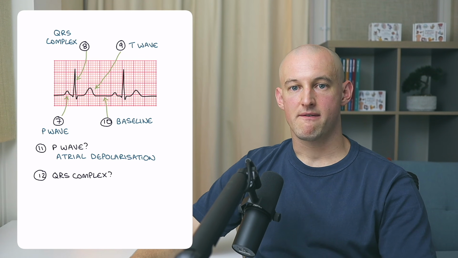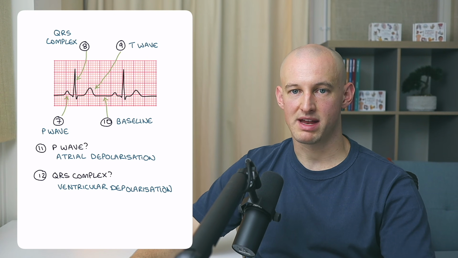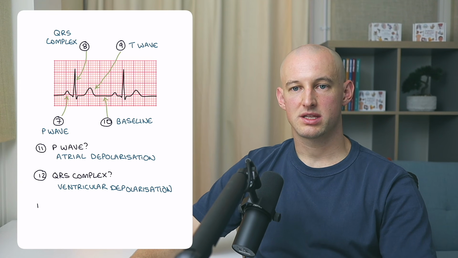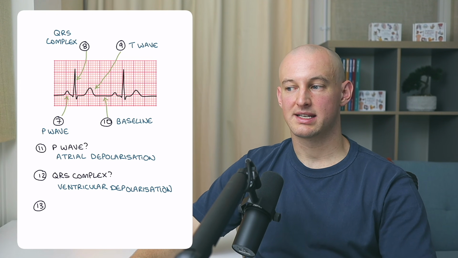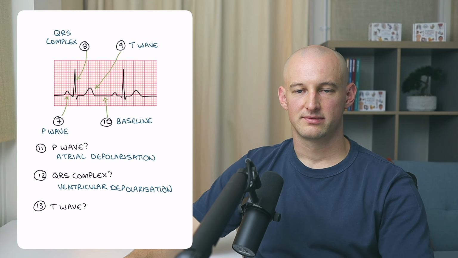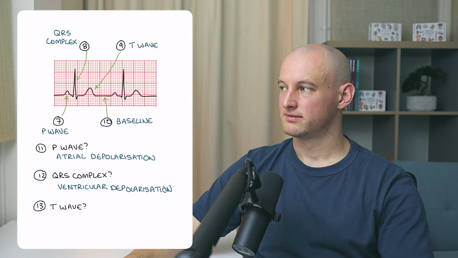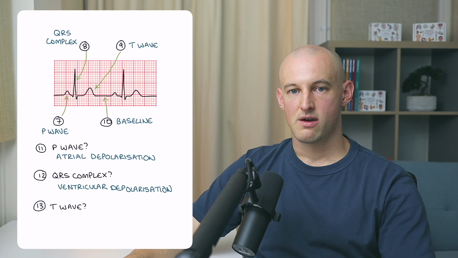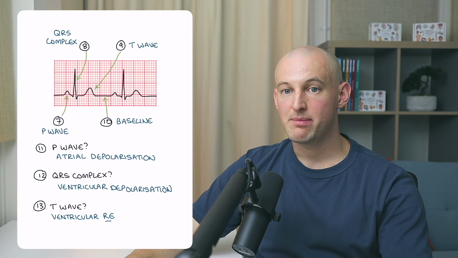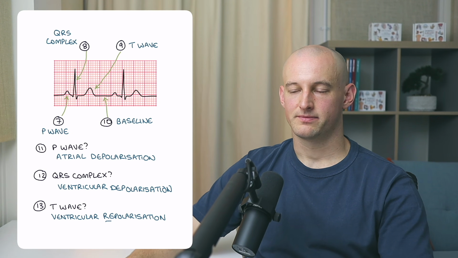It represents ventricular depolarization and contraction of the ventricles. Question 13. What does the T wave represent? Ventricular repolarization. So it's kind of resetting of the ventricles.